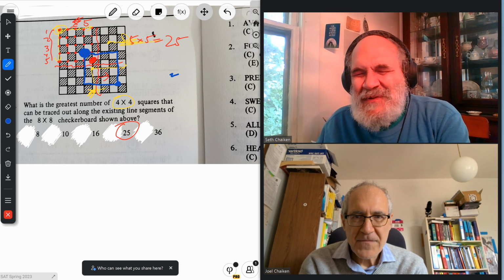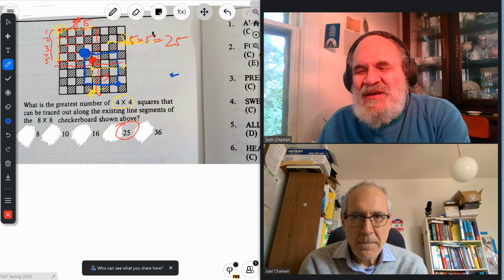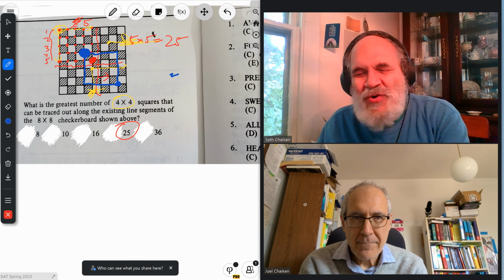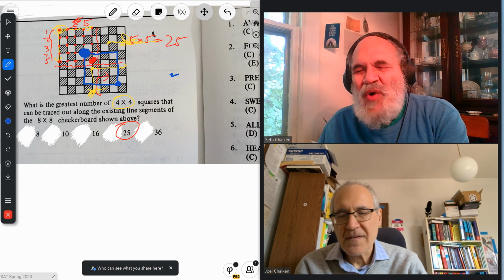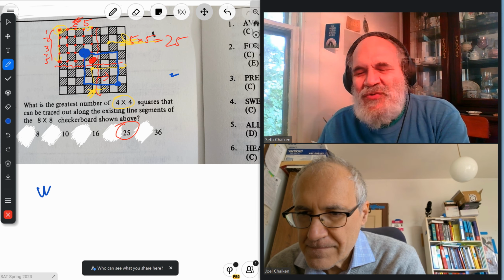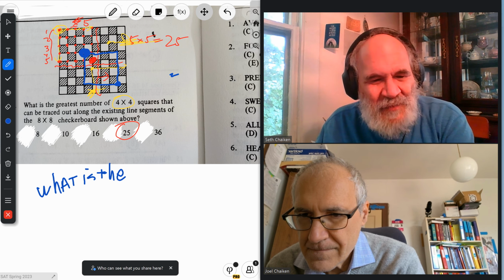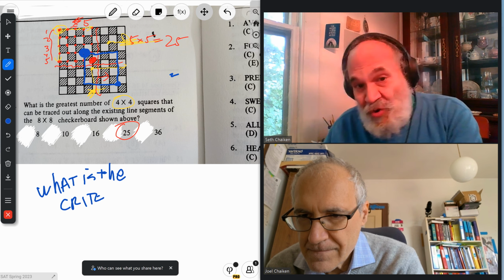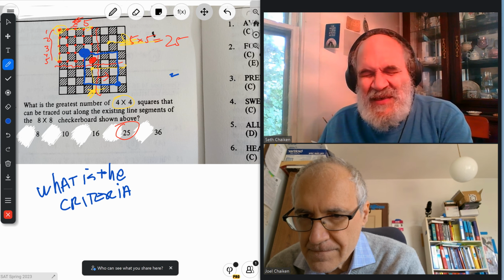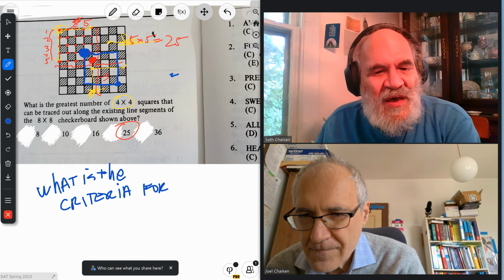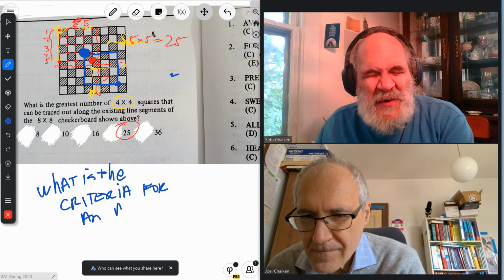So playing with it doesn't mean immediately trying to pick all the possible ones, but to pick the first one and the second one to get a feeling for what it is. What does it mean to pick a 4 by 4 square that can be traced out along the existing line segments of the 8 by 8 checkerboard shown above?